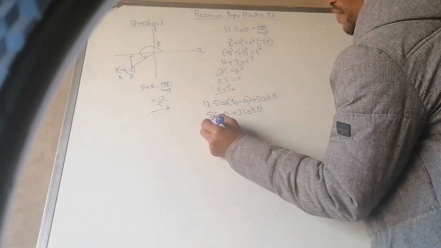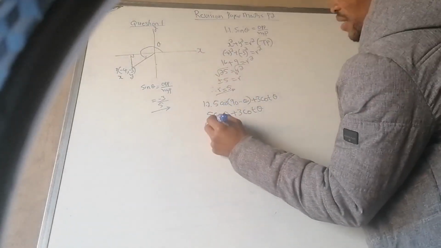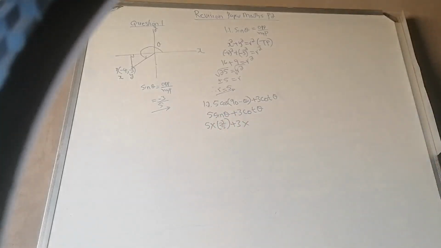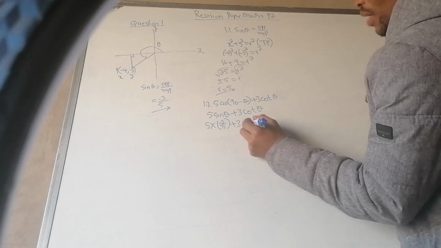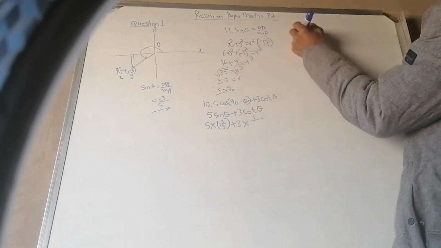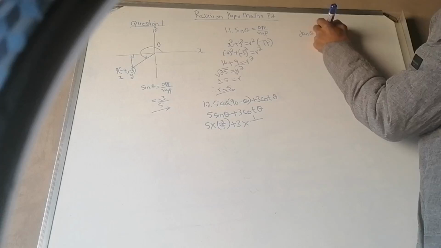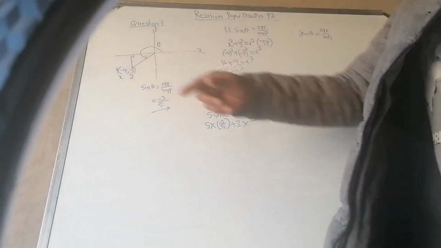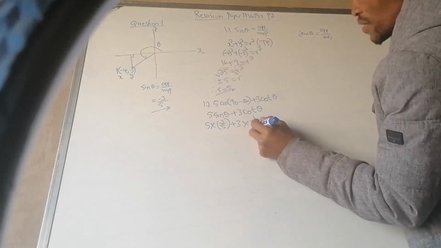Right, you will say 5 times sine theta. Already we calculated that as negative 3 over 5, plus 3 times cot theta. Now cot is 1 over tan. So the tan of theta is equal to opposite over adjacent. Now, what is my opposite? That will be negative 3. My adjacent would be negative 4.